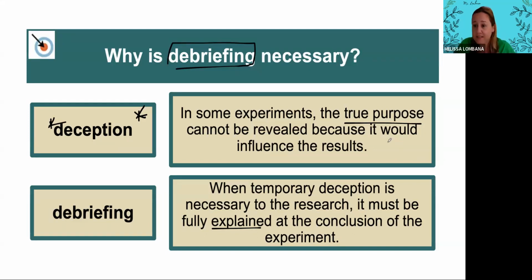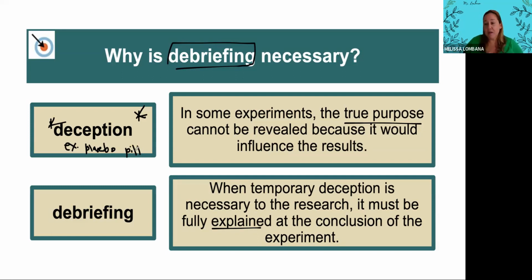So a perfect example of deception is those medication research where they're giving them a placebo pill, right? So obviously they can't be like, okay, so we're gonna do this. All right, here, placebo pill is a perfect example of deception.